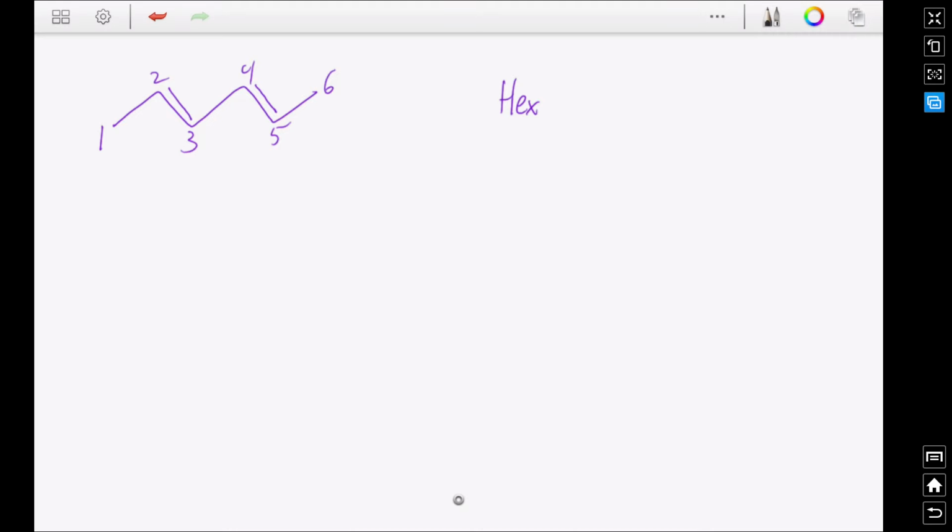So this is going to be a hex. Now, rather than writing hexene right away, because I have multiple double bonds, I've got to add something to the name. That addition is basically a prefix. Since we have two double bonds, the prefix is di, so we're going to call this a hexadiene.